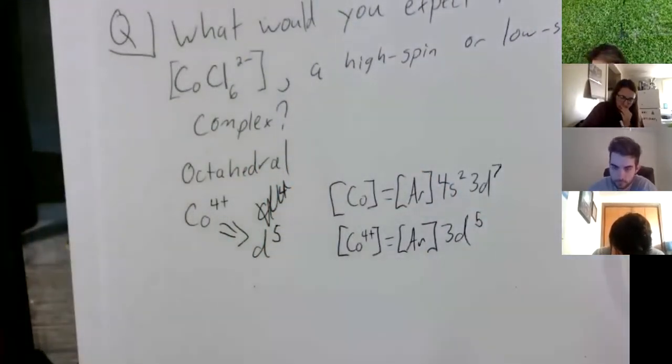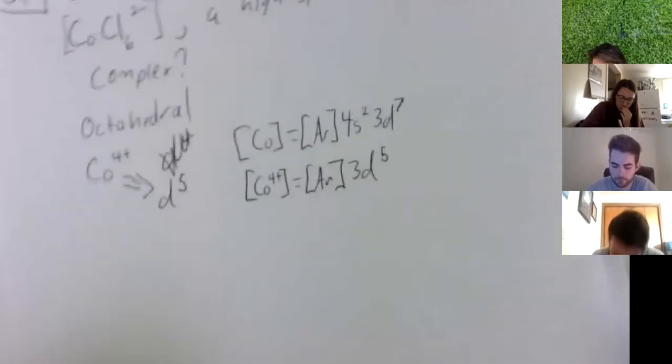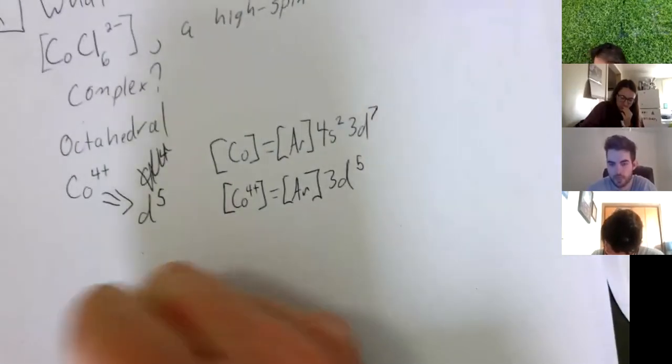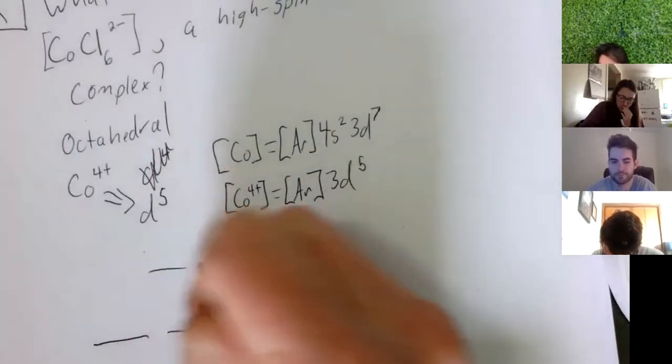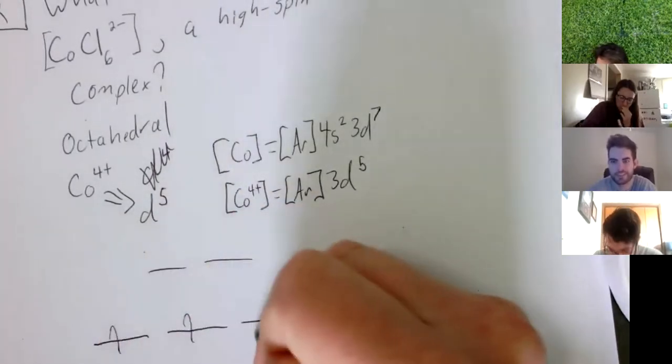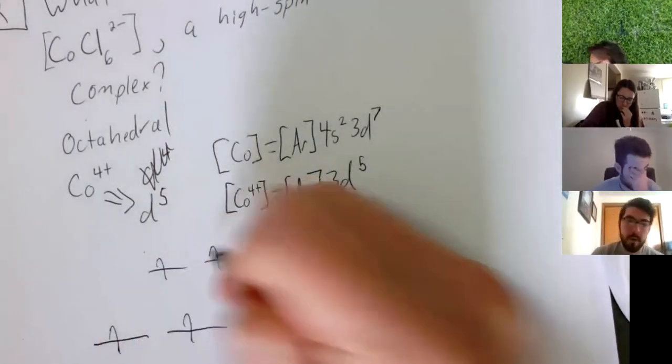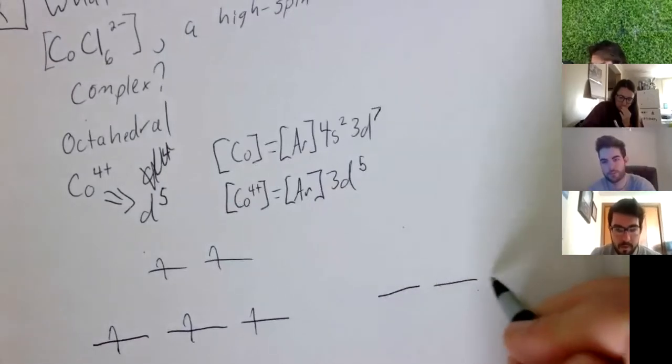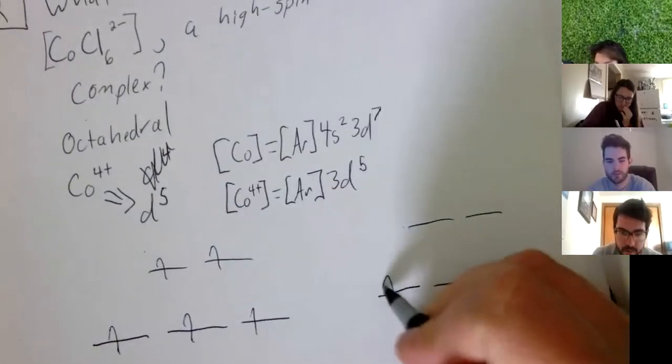Okay, same sort of thing. We could have a high spin or a low spin complex, right? How are we supposed to know if it's going to steal the electrons from the 4s orbital? Do we just have to know the cases?